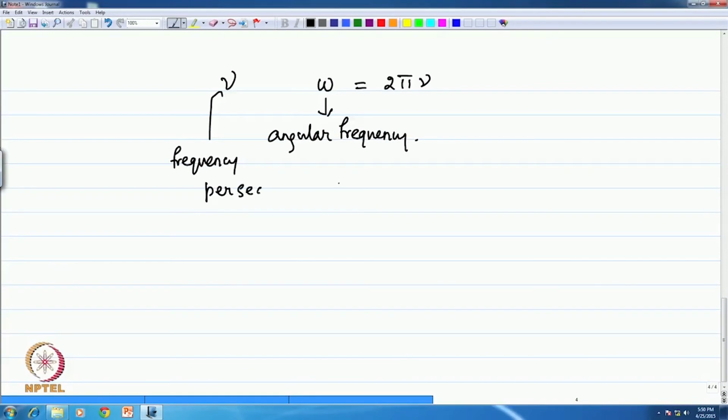The frequency of a harmonic oscillator in a classical form is something that you all know. It is 1 by 2 pi square root of the force constant by the mass.